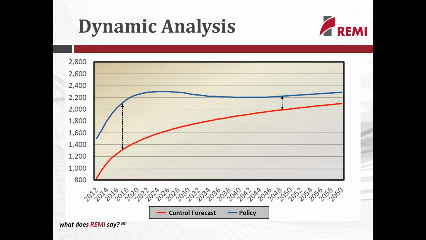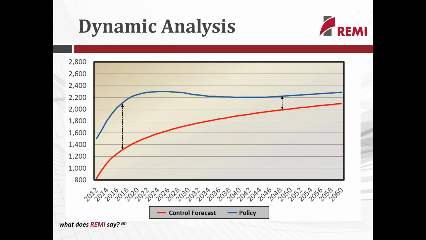The way REMI does its policy analysis is first we have macroeconomic data from, say, the Regional Economic Models, the University of Michigan, or the Congressional Budget Office, just to list a few sources.